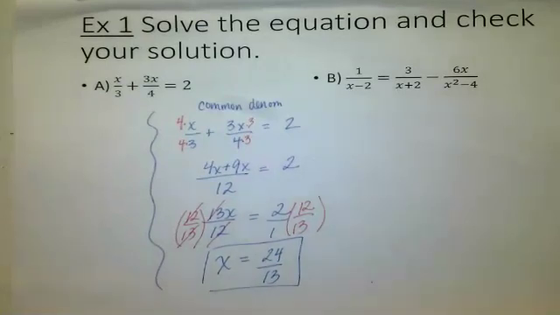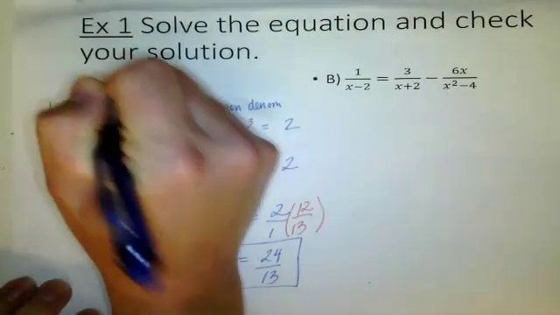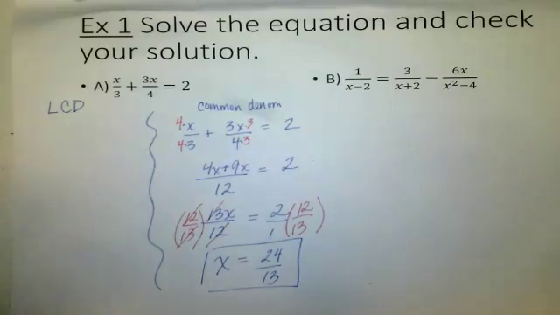Now, the other method is to multiply through by the LCD, the lowest common denominator, which is a great method, but it's kind of a hit or miss method for me as a teacher because some students get it and some students don't.